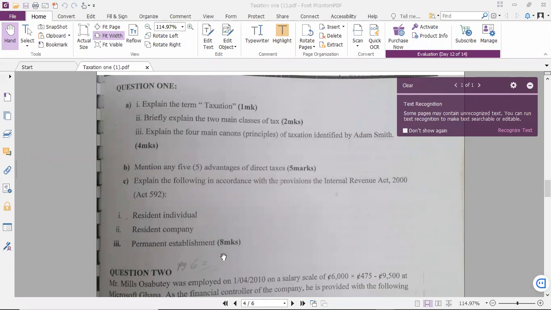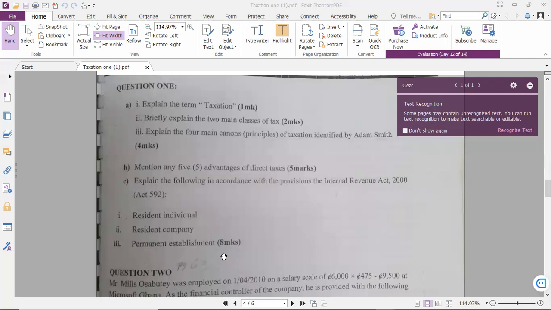Now, the little I can say for you is that when we talk about a resident individual or a resident person, Section 6 under the Tax Act, Act 592, explains a resident person as somebody who has their assessable income both from a Ghanaian source as well as from a foreign source remitted to Ghana.